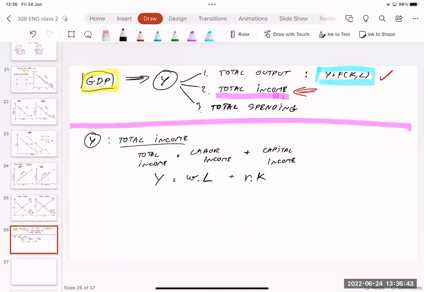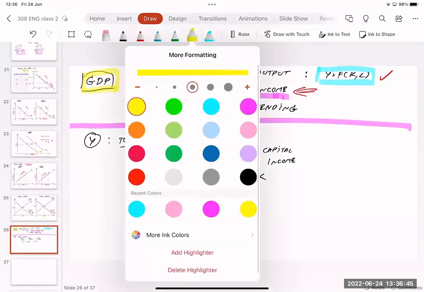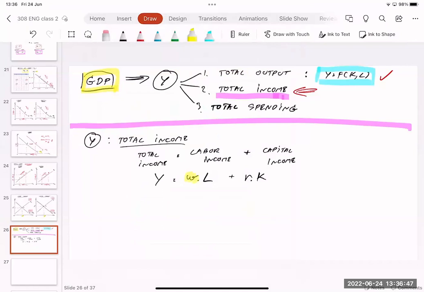And don't forget the real wage and the real rental rate. Normally firms are gonna keep hiring labor and keep renting capital until the benefit equals the cost. For labor, the benefit is MPL and the cost is small w.